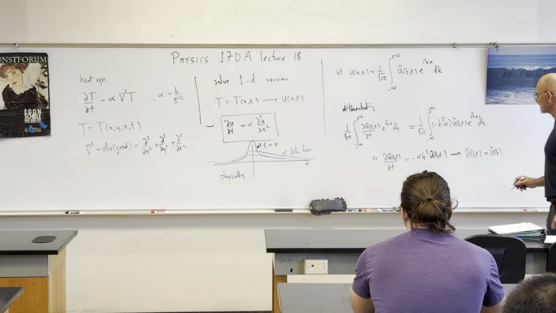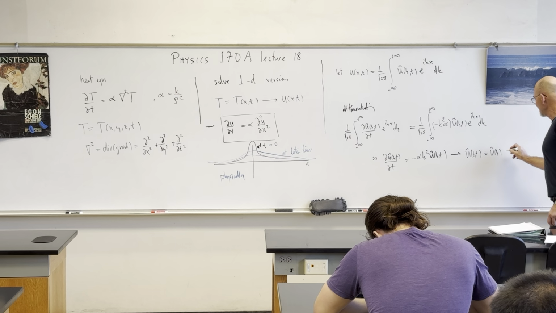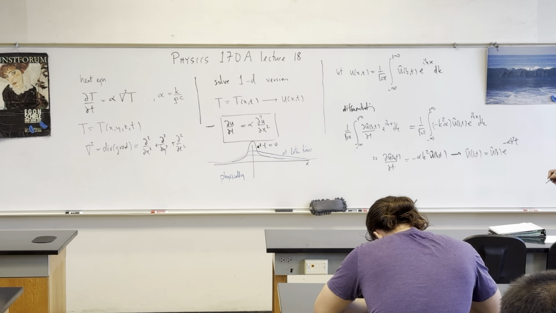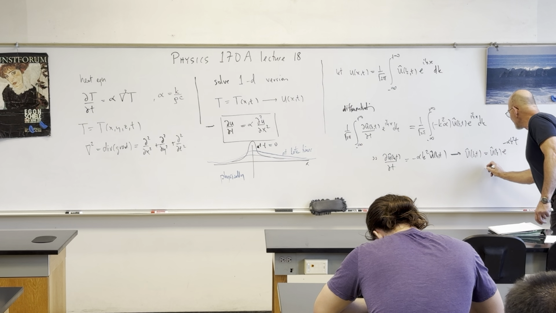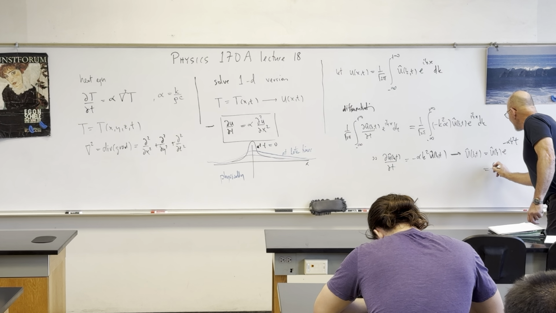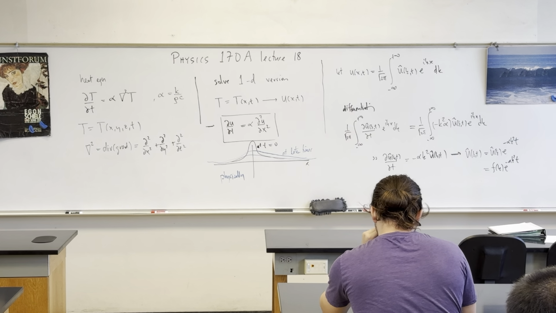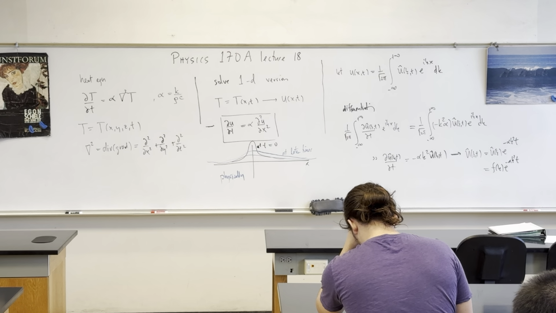I'm going to substitute somewhere in a moment. e to the minus alpha k squared t. Right. Explicit time derivative, that brings down the minus alpha k squared. So in fact, I have an unknown function here of k. I'll just write f of k e to the minus alpha k squared t. So far so good.